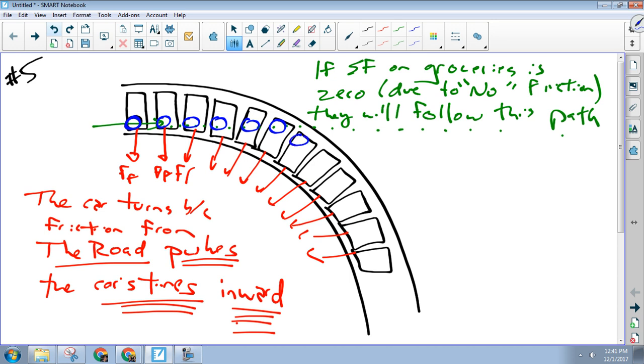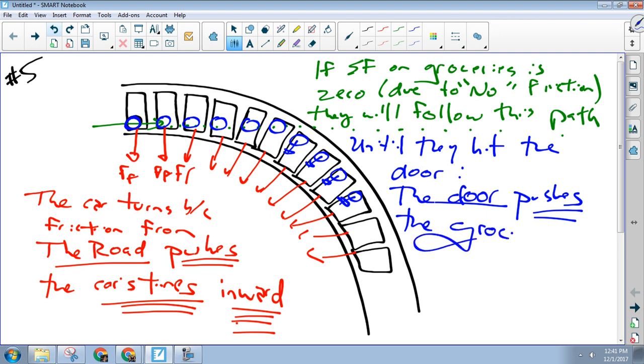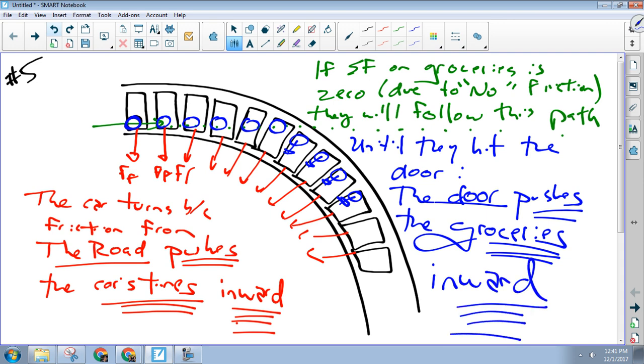Now there's a door pushing the groceries inward. Cool?